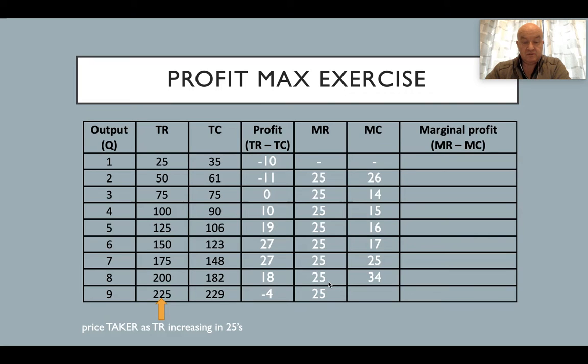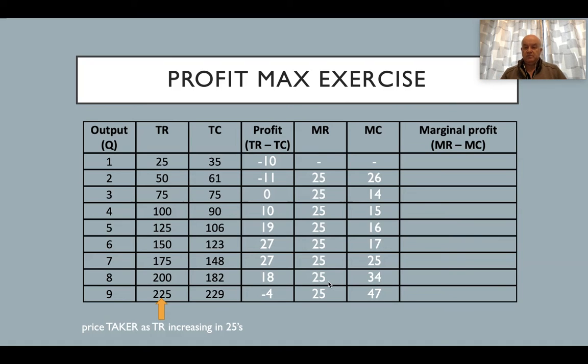Our total costs have gone up significantly, so we're talking about 34 units increase in marginal cost, and then 47 for 9 units. So again, bit of a pattern emerging there. We can see that initially the marginal cost was reasonably significant, and it fell quite a bit between 2 and 3 units. And then started to climb, and then obviously climbed to a very high degree when we were talking about 7, 8, and 9 units of output.